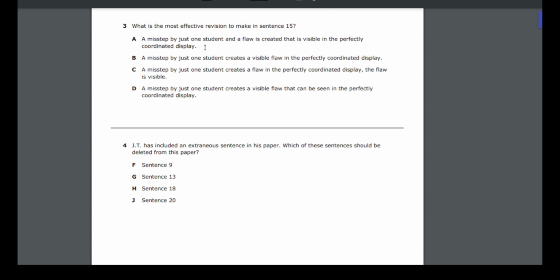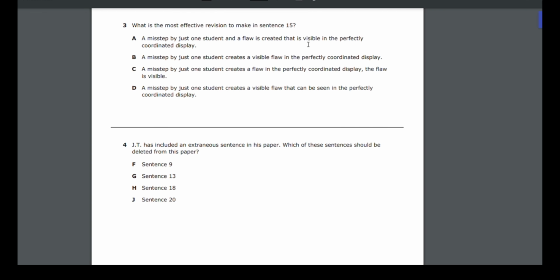Once again, this is out loud. Read sentence 15, and that tends to be A. But read sentence 15 out loud, and then as they read each one, to fully cross out the ones that are wrong. Once again, this is one of those things that once they hear it, they know that it is incorrect. Okay?